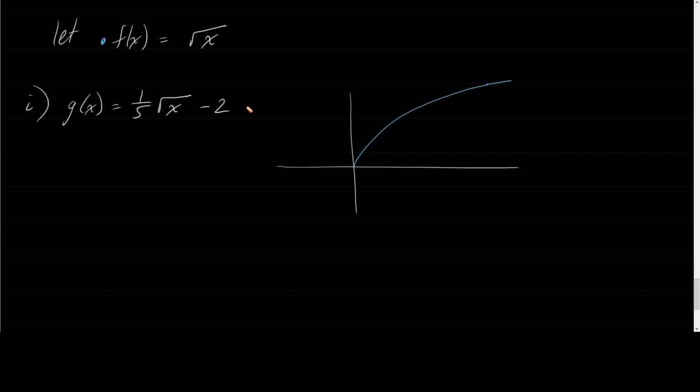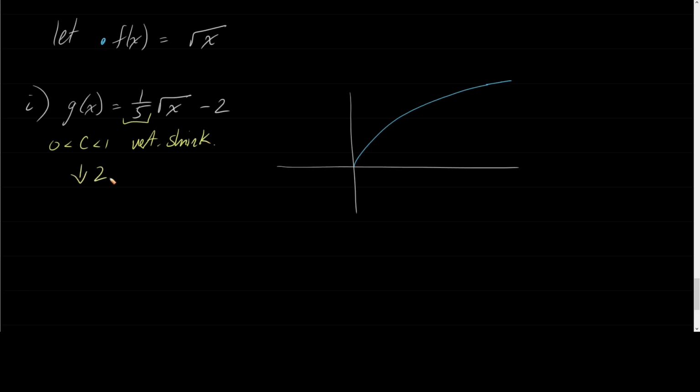All right. So this 1/5 on the outside is gonna make it a shrink, right? Because c is less than 1, and it's on the outside, so this is a vertical shrink. And then this minus 2 over here is going to shift things down.